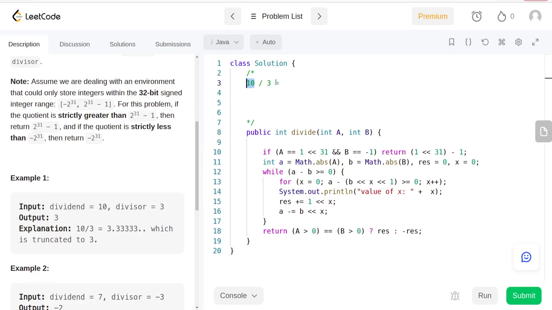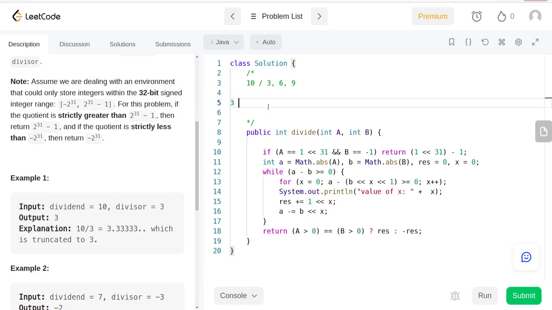You have 3, you make it 6, then 9, and because you did it 3 times, there will be 3. So 3 times you kept adding 3 to it until you reached there.